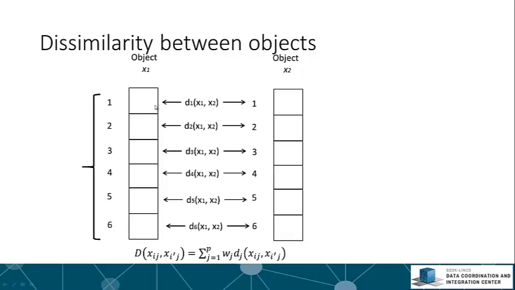And we can consider the dissimilarity between each individual attribute between these two objects. Then we can aggregate these, perhaps in a weighted fashion, as indicated here with the w_j, and we can take the sum. And this gives us a single value which quantifies the dissimilarity between object 1 and object 2 in terms of each of their attributes.